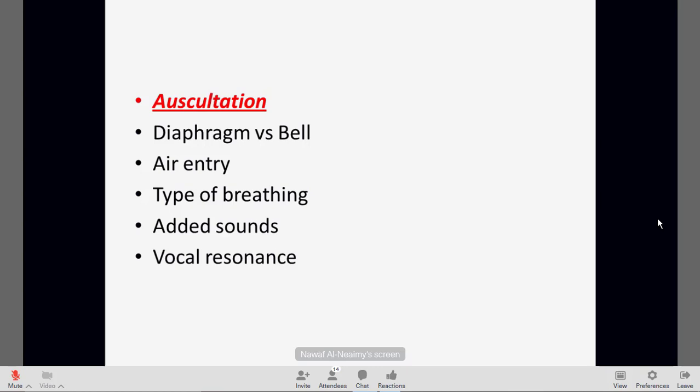Last type of breathing اللي قلنا عليه the bronchial breathing اللي يشبه auscultation over the trachea. هذا it occurs mainly in cases of consolidation.